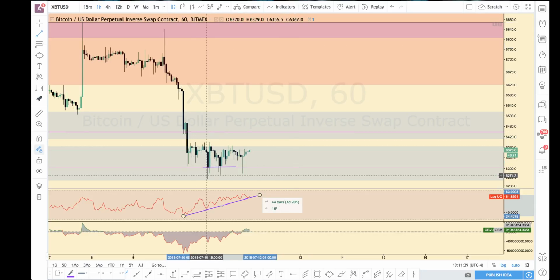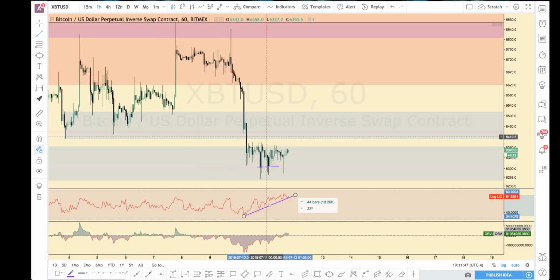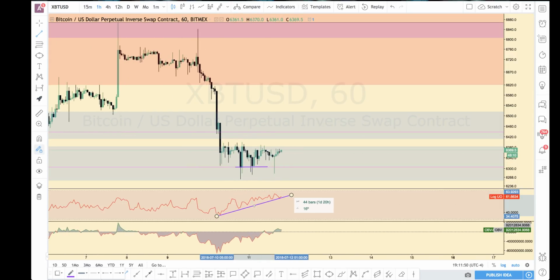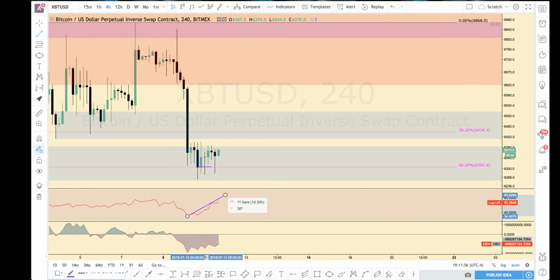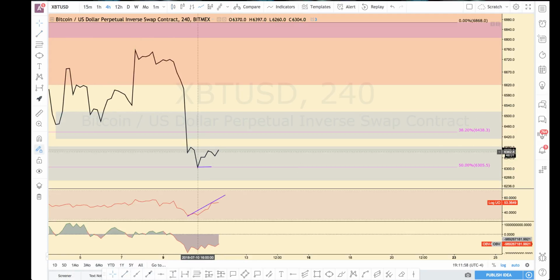I can also see a low, a higher low, another higher low type of pattern. So I'm expecting a small retracement, and that's on the 1-hour. Then on the 4-hour, price was making a lower low, but the on balance volume was increasing towards the buy side.